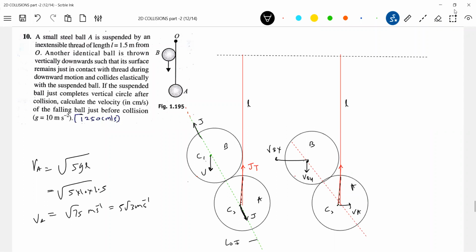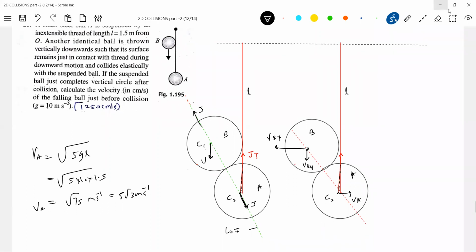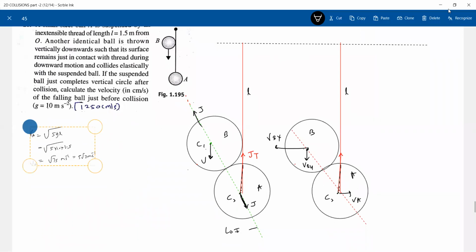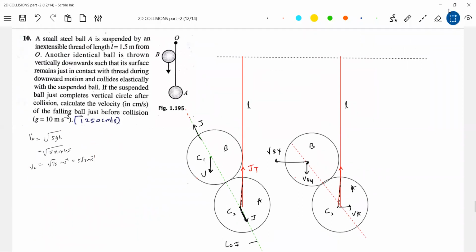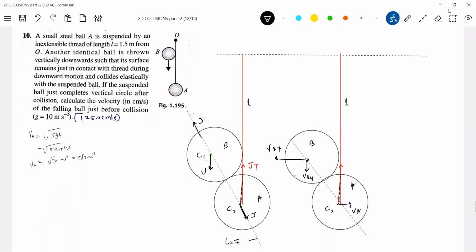Okay, clear this. Then after getting VA, can we calculate VBX? Momentum must be conserved. Initial momentum along the x-axis is 0. So final momentum should be, let's write it here. Initial momentum 0.